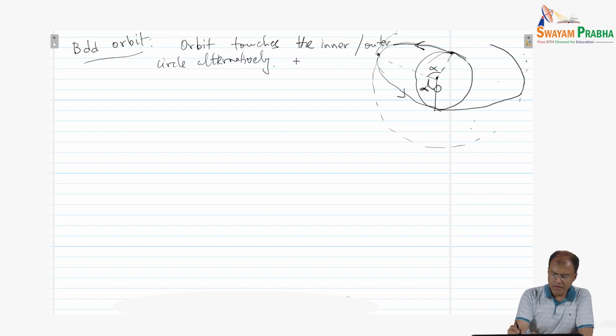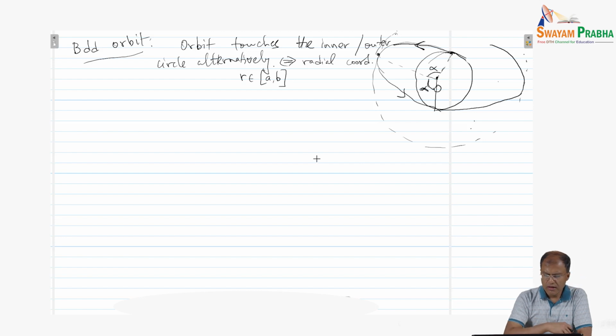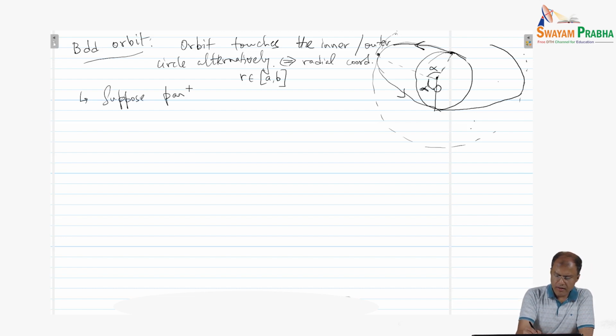And what we see is that the radial coordinate r is between A and B, right? So the radial coordinate r is between A and B. So suppose the particle P is at B1.